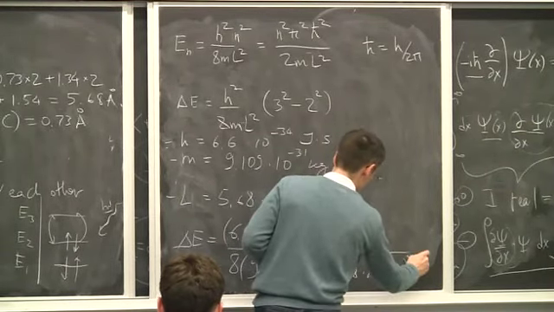So that means this can be written like this, right? And lambda then equals hc divided by delta E. And if you calculate by putting the Planck constant and the speed of light in meters, then lambda is 213 nanometers. That's the wavelength of light.